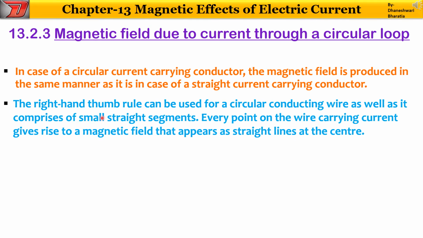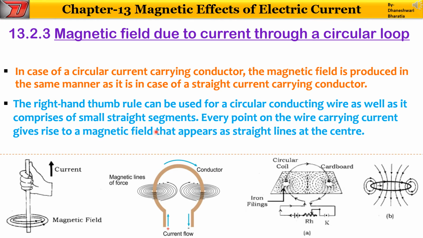With the help of right hand thumb rule, the circular conducting wire comprises small straight segments also. Every point on the wire carrying current gives rise to a magnetic field which appears as straight lines at the center. Here you can see this is the loop. इससे पहले क्या लिया था, straight conductor लिया था.